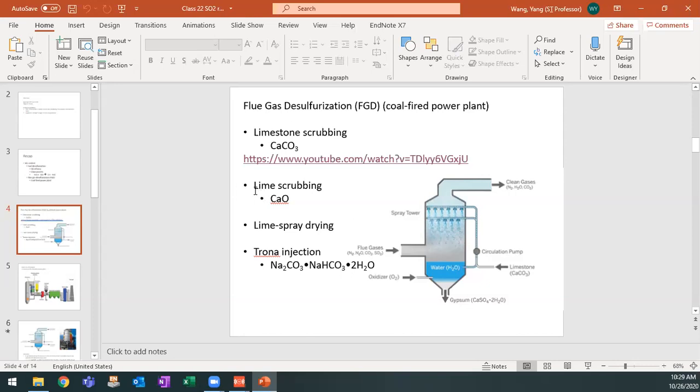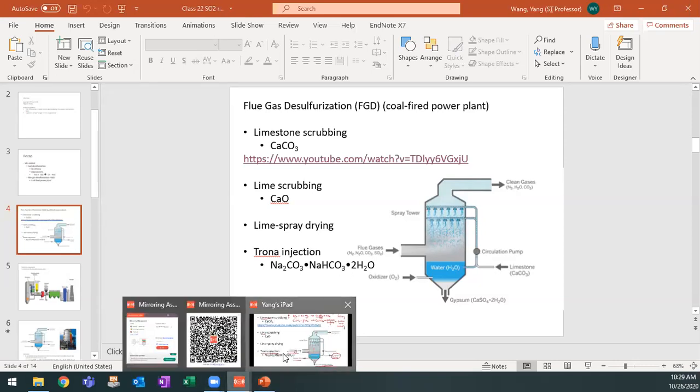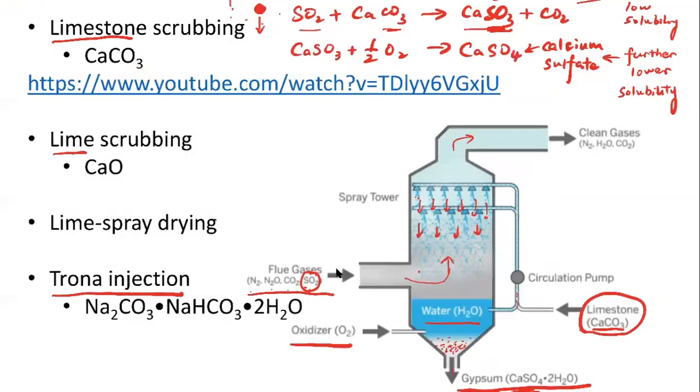And we can also use lime scrubbing. Lime scrubbing just means a similar setup is going to be used here. Instead of introducing the limestone, we're going to introduce lime here, right? So we know that once the lime combines with the water, it's going to form calcium hydroxide.